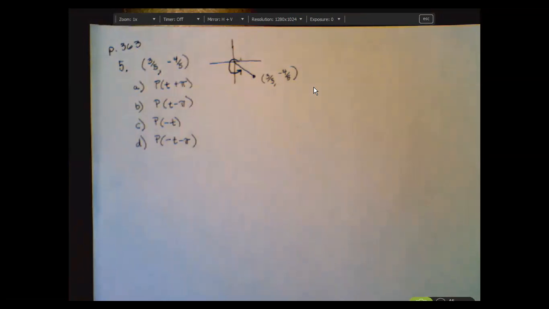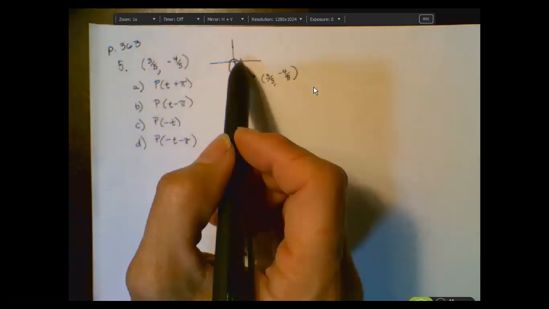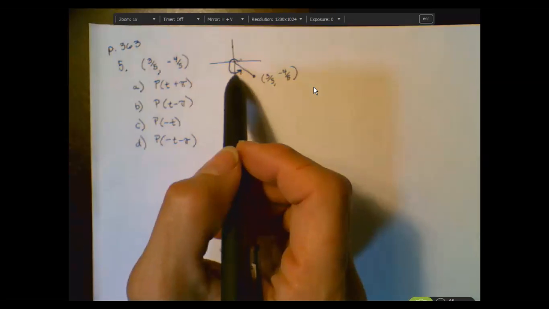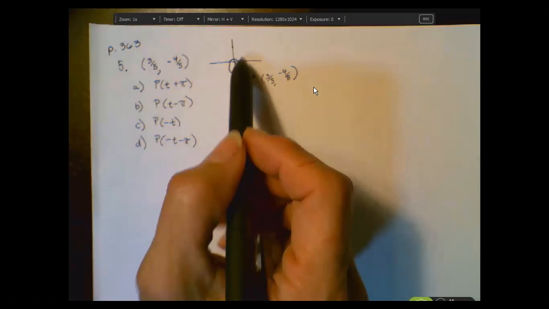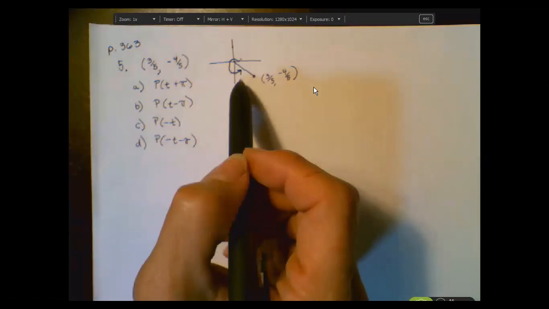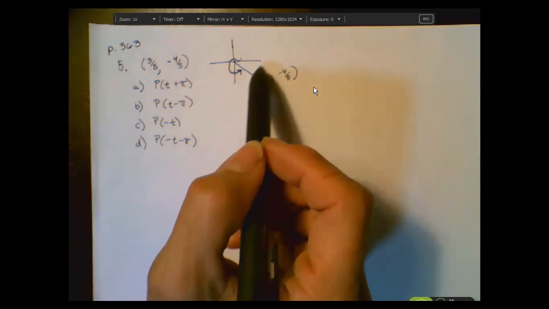It's got to be a little bit more than how many? Well, how many degrees would it be if I stopped on the negative y-axis? 270. So this is a little more than 270, but not yet 360. Maybe that's 300. I don't know.